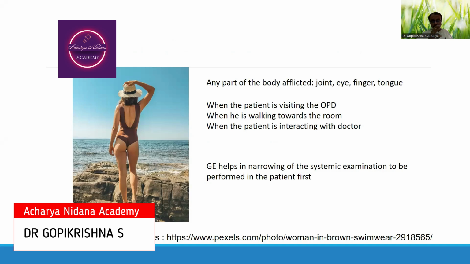When you think about the general examination, any part of the body can be analyzed. By seeing the eyes, we can say whether the person is suffering from jaundice or anemia, or whether any disturbance related to the cornea or lens is present or not.